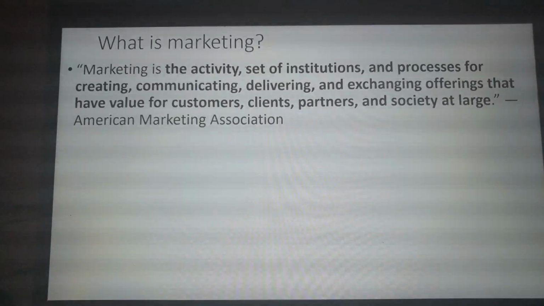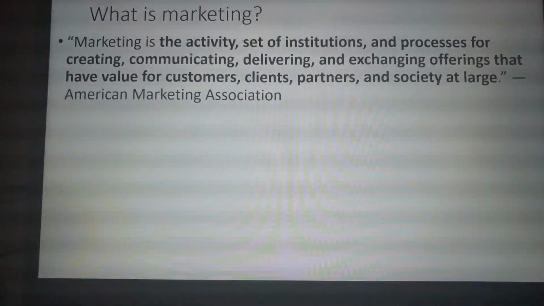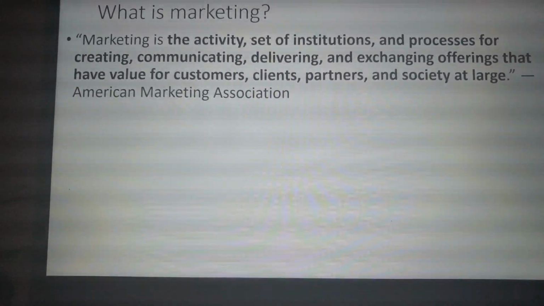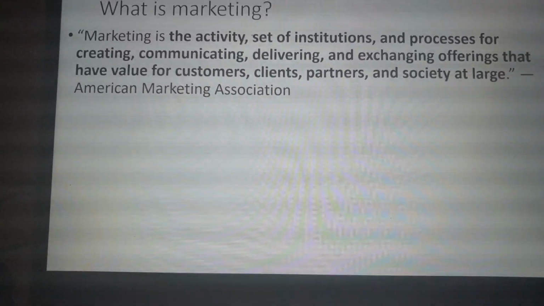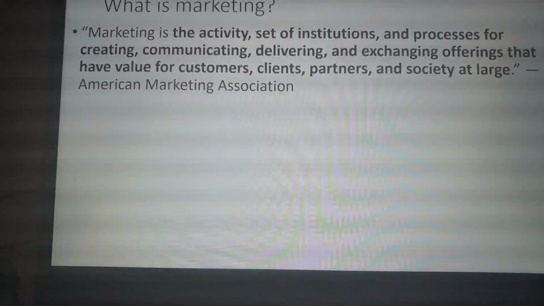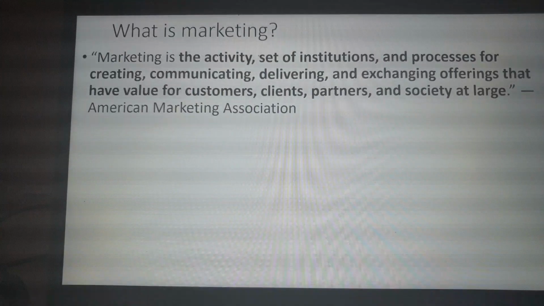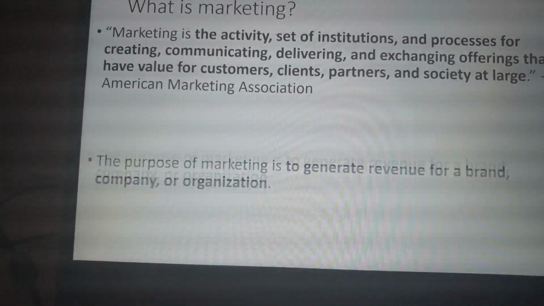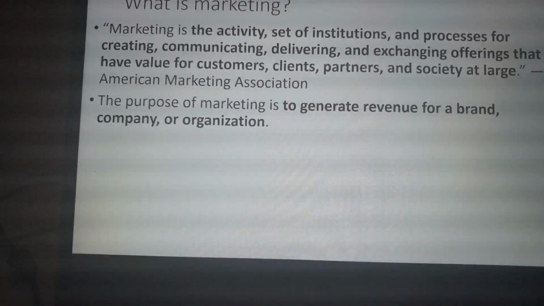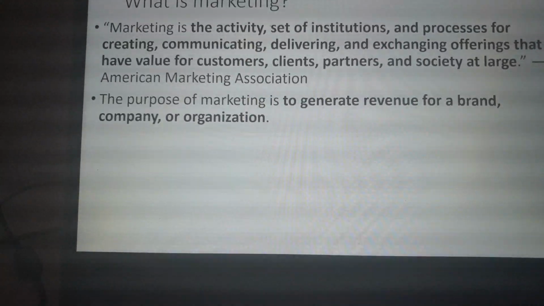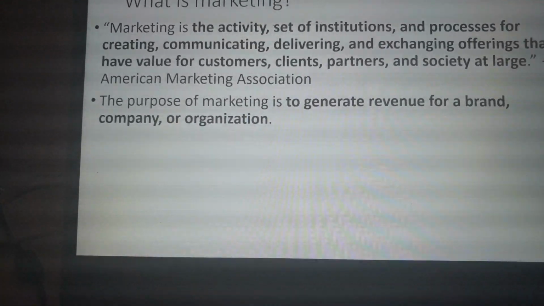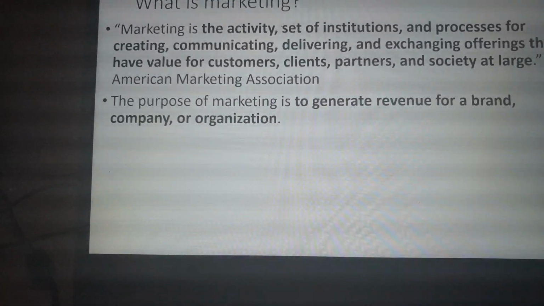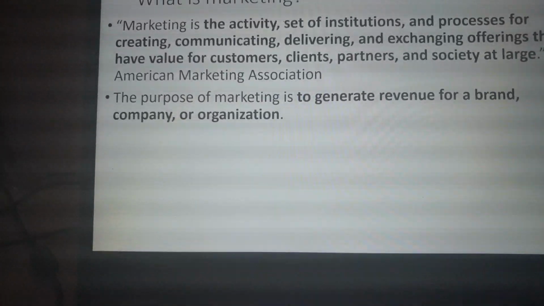And indeed, herein lies Professor Buisa's philosophy that marketing is an activity, and therefore students will carry out an activity. They not just know about the activity, but they will carry out that activity. The purpose of marketing is to generate revenue for a brand, company, or organization. And indeed, students will have to generate this revenue practically.